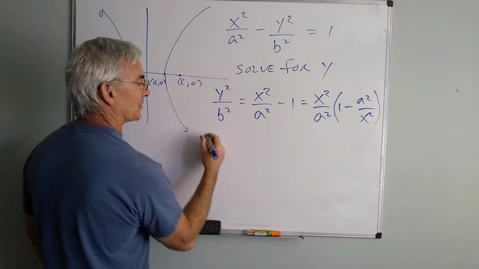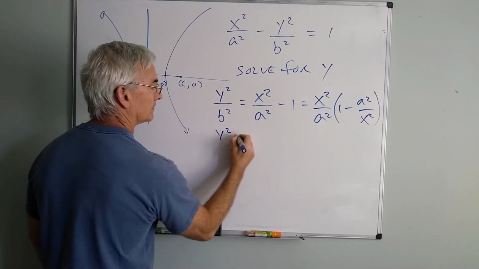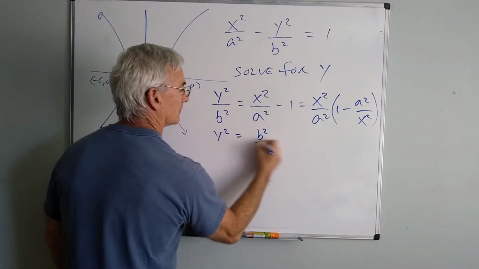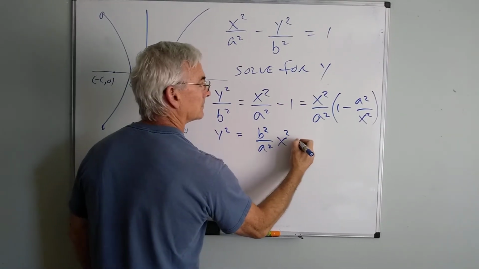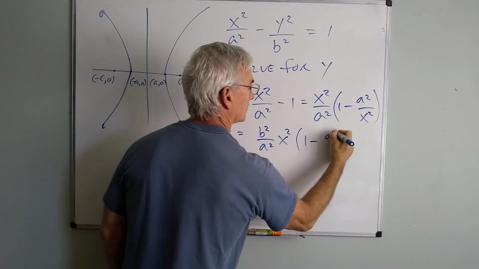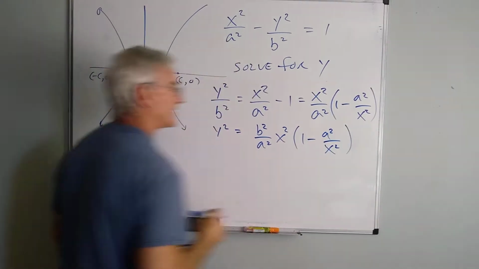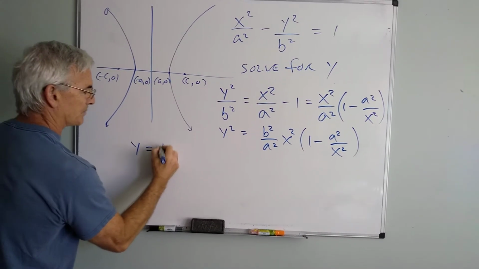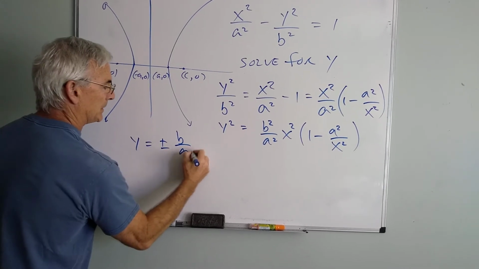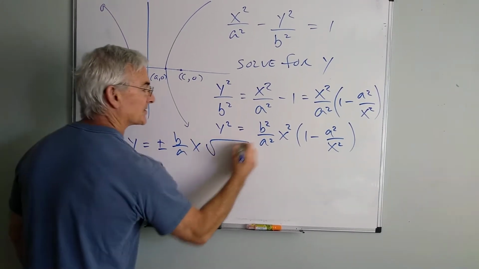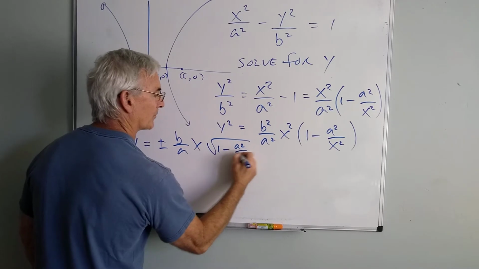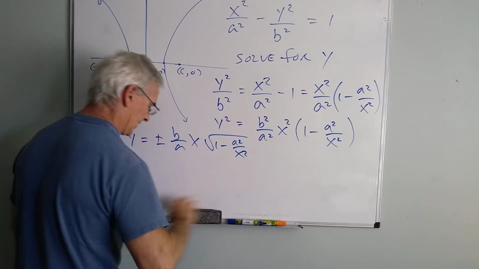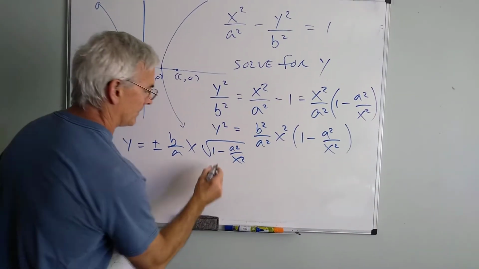Now let's multiply both sides by b squared. And now if I take the square root of both sides, I'm going to get something of the form y equals plus or minus b over a times x times the square root of 1 minus a squared over x squared. But now we recognize this term right here.